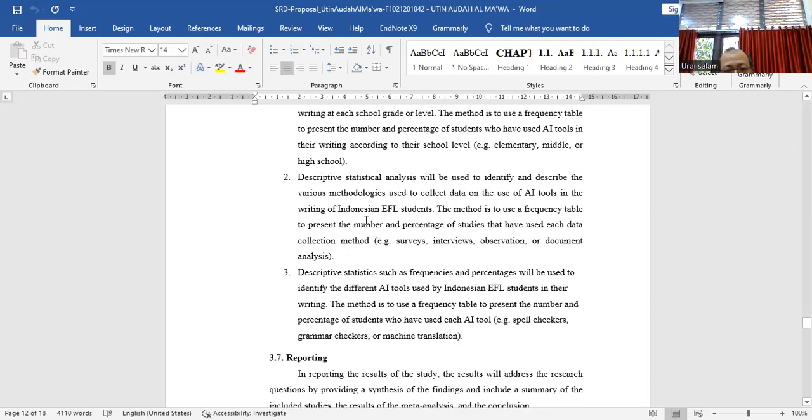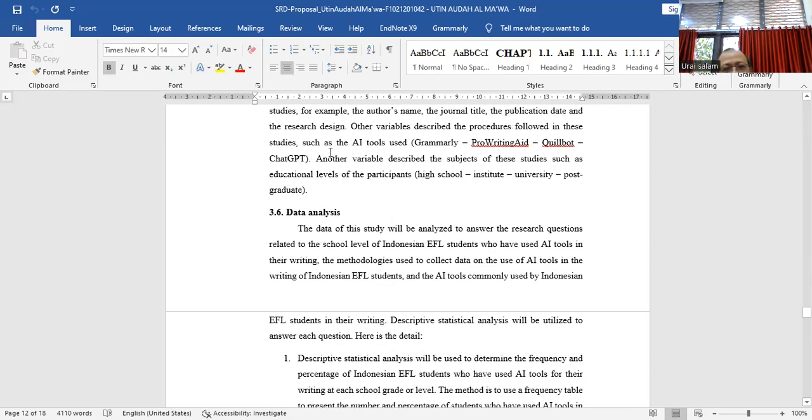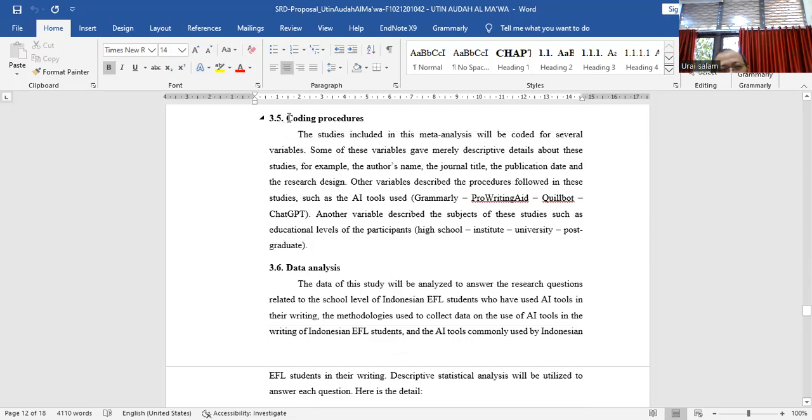Kalau di sini masih kurang, tambahlah dengan yang tadi coding itu. Jadi kualitatif. Descriptive analysis you are going to count the frequencies, but the coding will be used to categorize what activities, what procedure, perhaps something like that in the classroom.